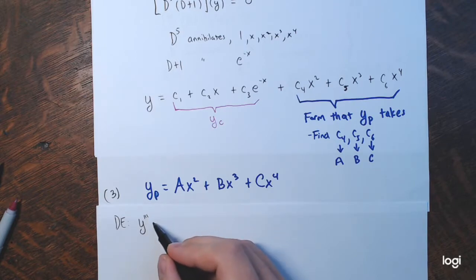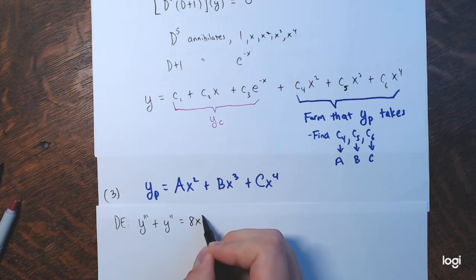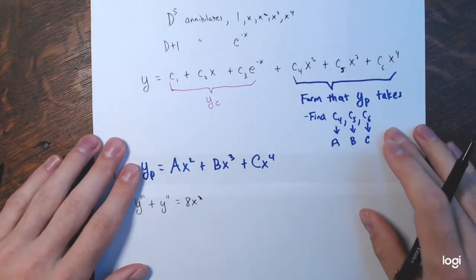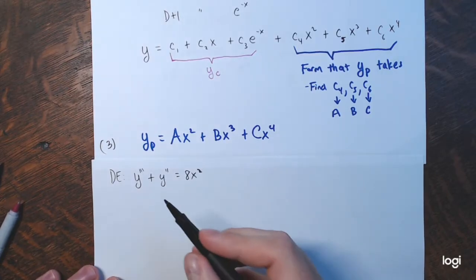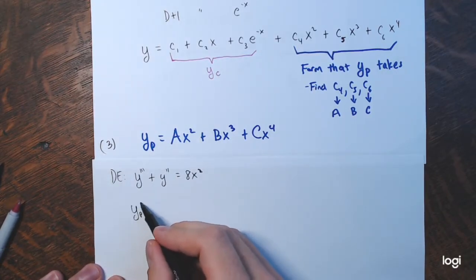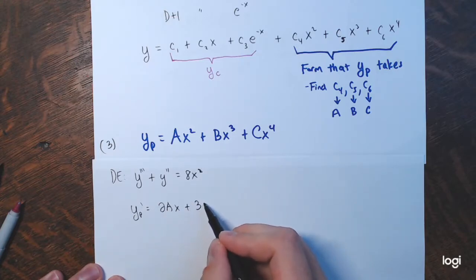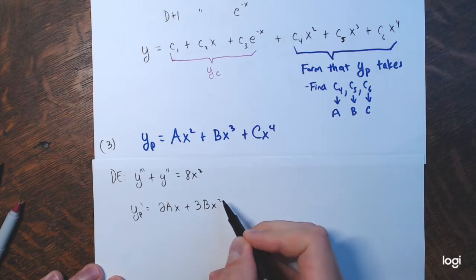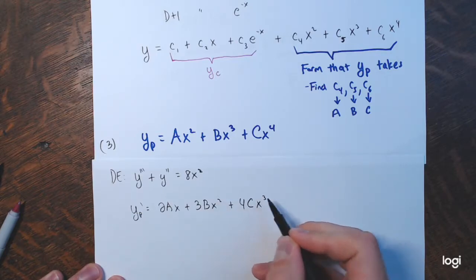Remember the differential equation, I'll write it again here: the third derivative of y plus the second derivative of y is equal to 8x squared. So I need the third derivative of this y p, and the second derivative. y p prime would be 2Ax plus 3Bx squared plus 4Cx cubed.